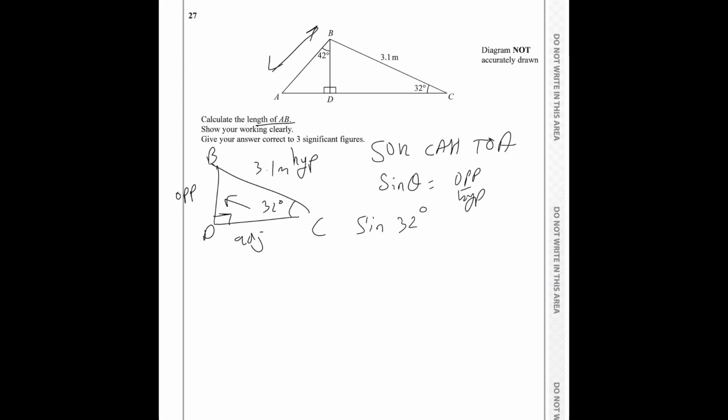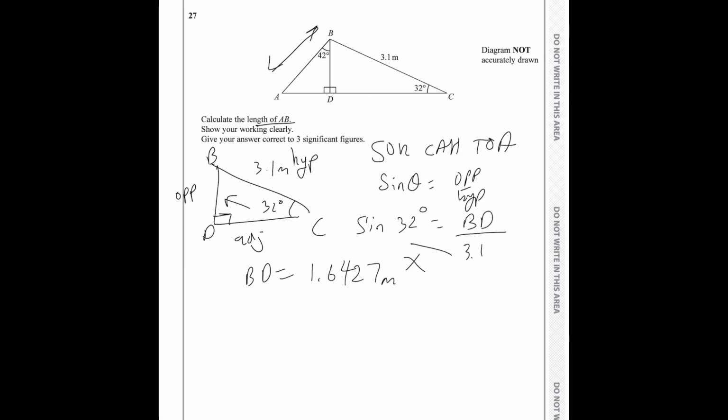Theta is given: sine 32 is equal to the opposite, which is BD, what we're trying to find, over the hypotenuse 3.1. Multiply sine 32 times 3.1, which gives about 1.6427. Just leave it to these many places, meters.